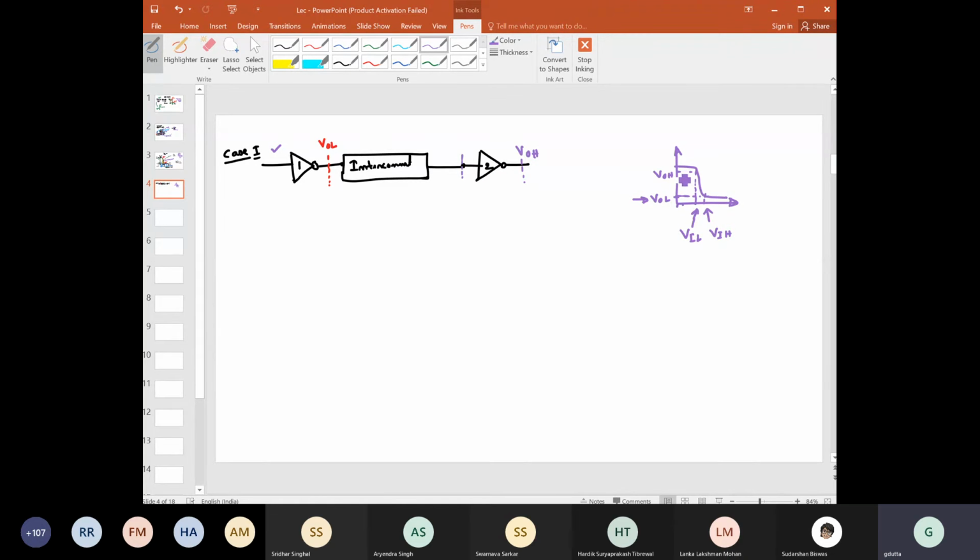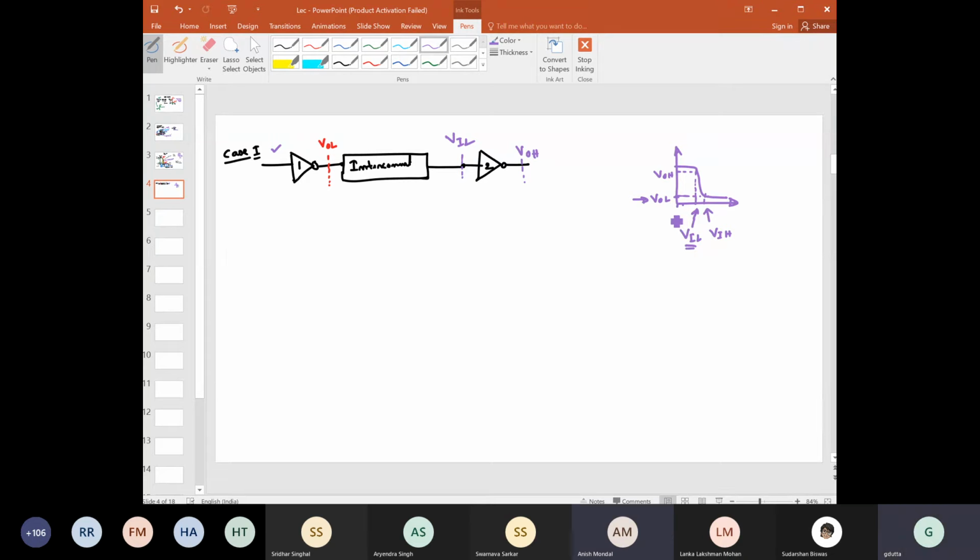If the minimum output voltage has to be VOH, the input voltage has to be at most VIL.